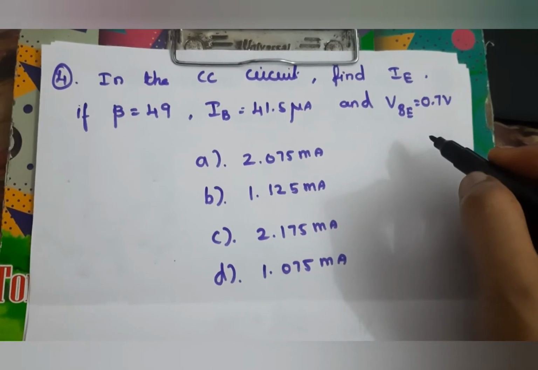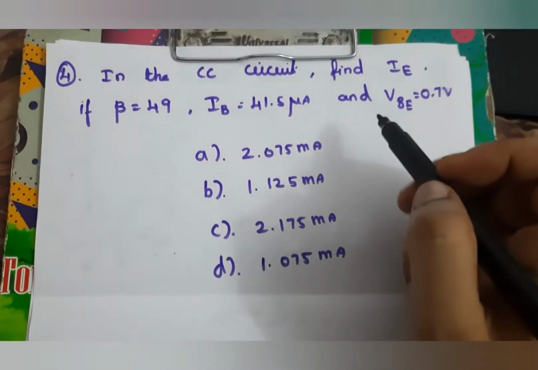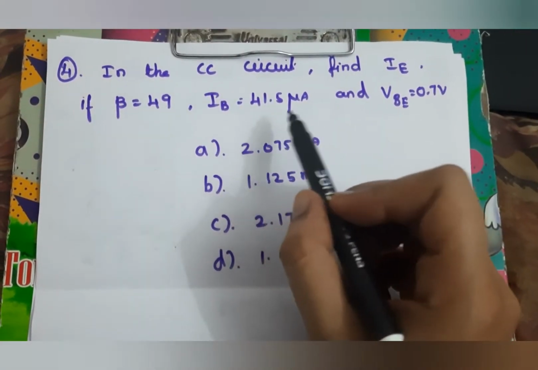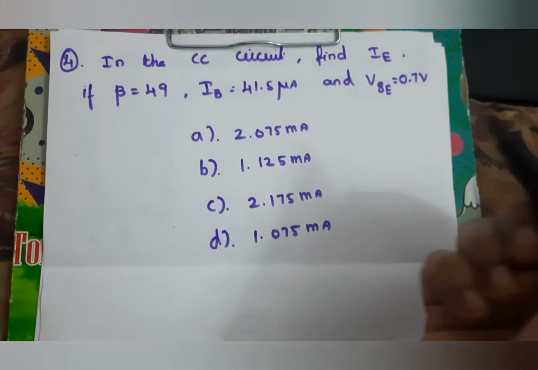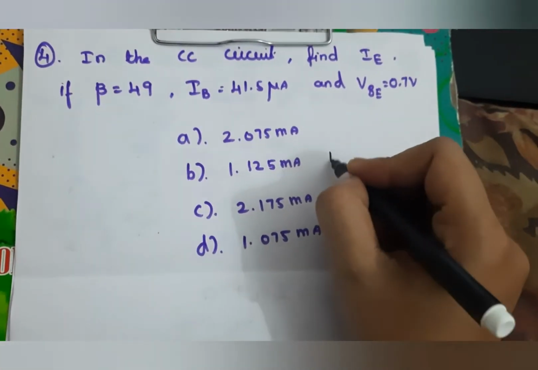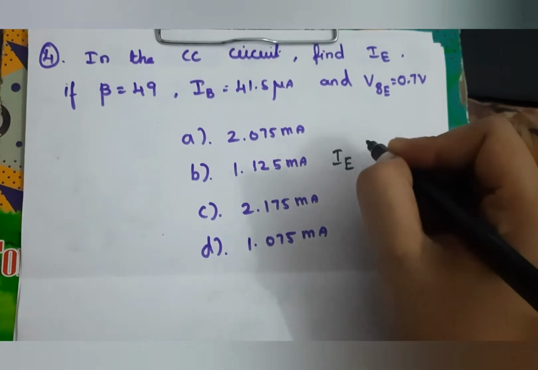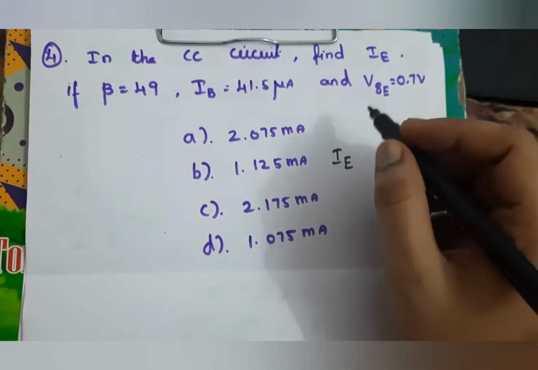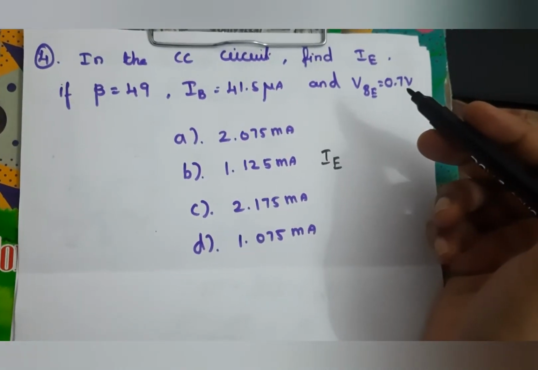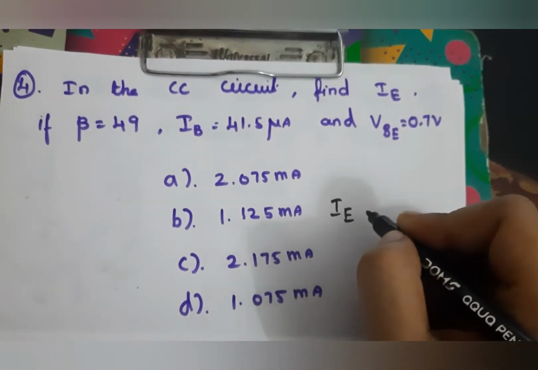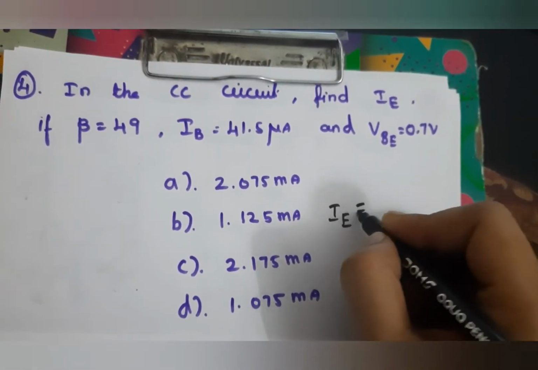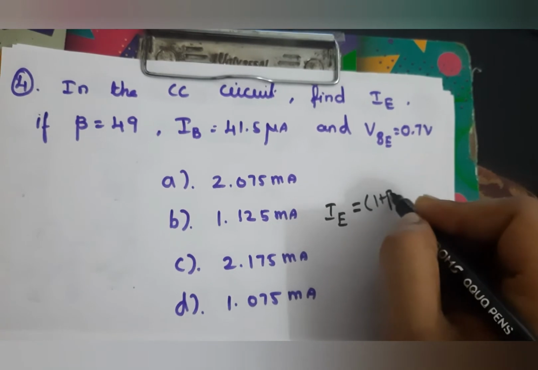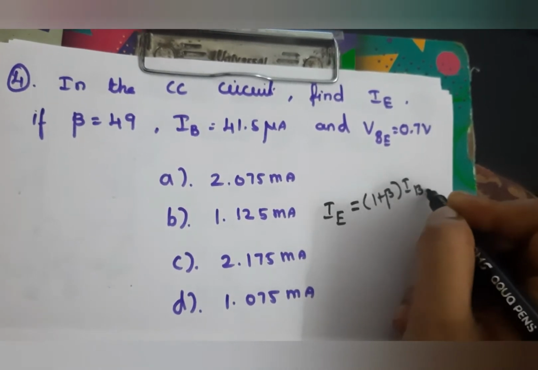Next question, in the CC circuit find IE, and they have given the beta value, IB value and VBE value. What is the relationship between IE and IB? The relationship between IE and IB using beta is 1 plus beta into IB.